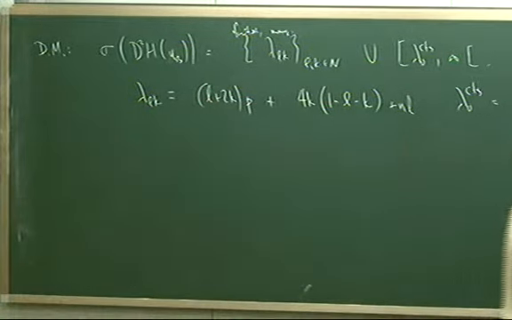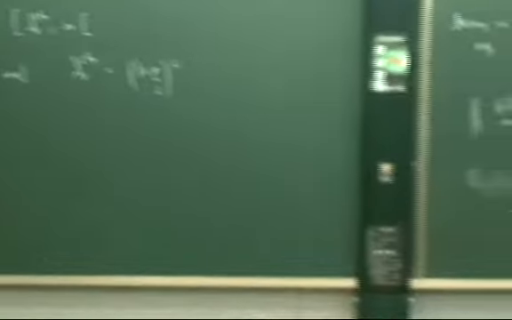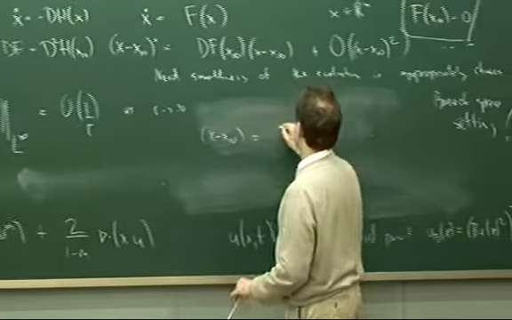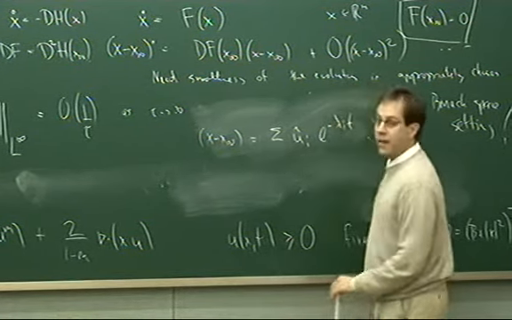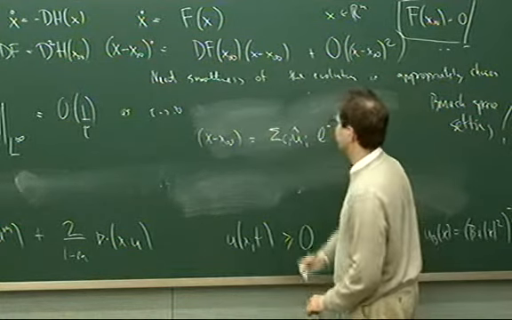So let me say a few other things. One of the problems is this question of smoothness in Banach spaces. Another problem is that, so what am I expecting? I'm expecting to see something like x minus x infinity is like a sum of some eigenfunctions times some eigenvalues, and maybe with some coefficients.